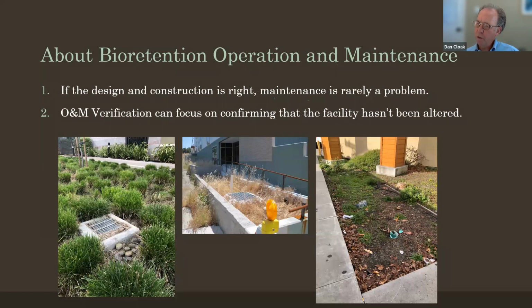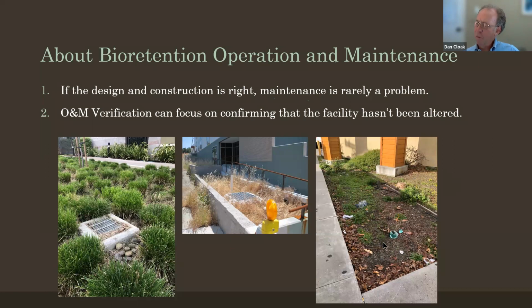Obviously neglected in terms of allowing weeds to grow in it, but doing its job. But this overflow is now too low because somebody drove something over it. Now it's up to the permittee here to go back and try to get this big chain to do something about this now broken piece of plastic pipe that was used as an overflow.